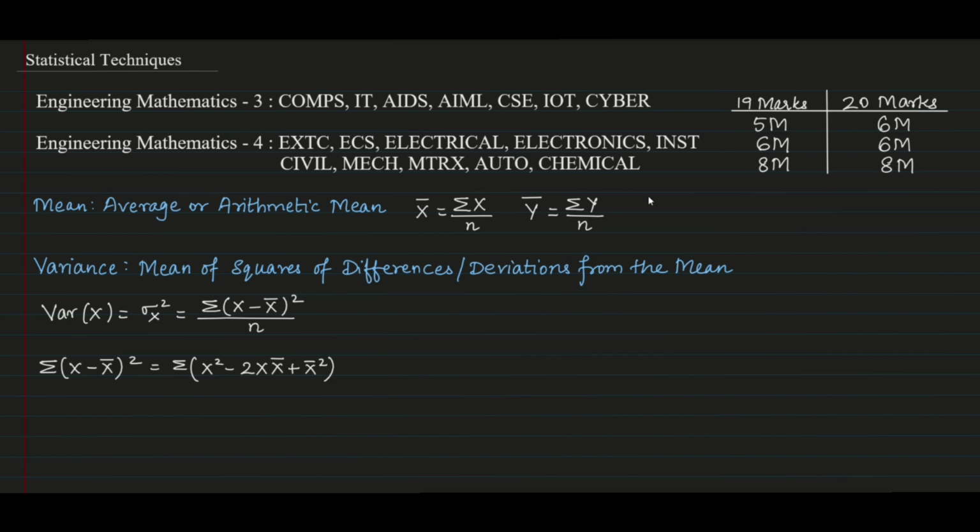Before that, from here we can write the expression of summation x as n into x bar. Similarly, summation of y will be n into y bar. We also know that summation of 1 is n. Simply if we add 1 for 5 times, we get 5. Likewise, if we add 3 for 5 times, we get 3 times 5, that is 15. So we can even write summation of k will be k into n.